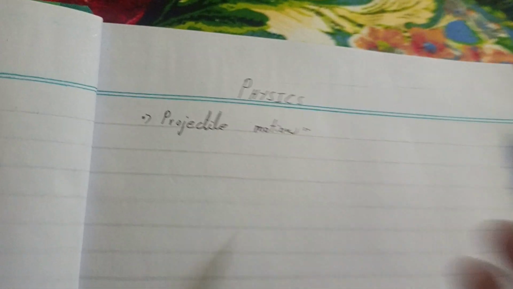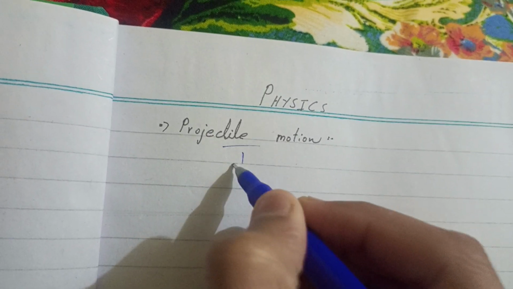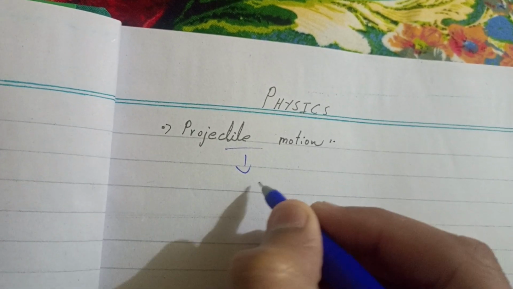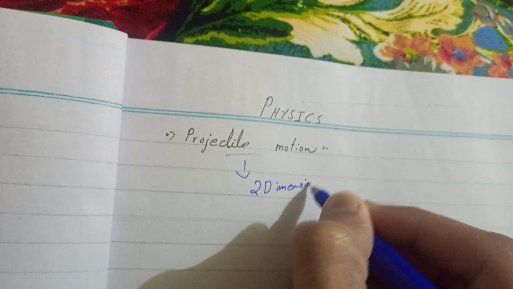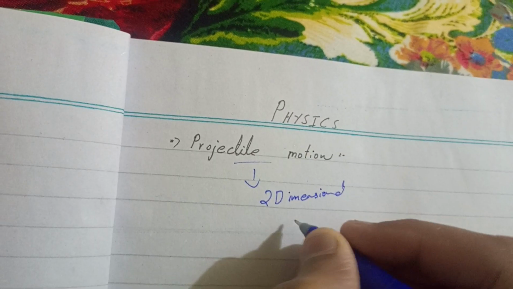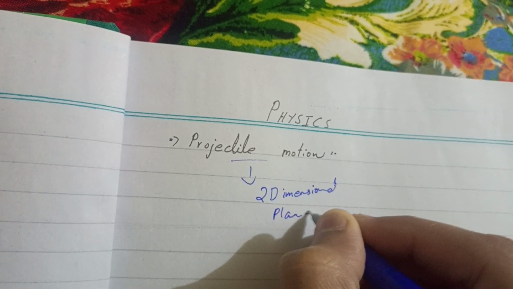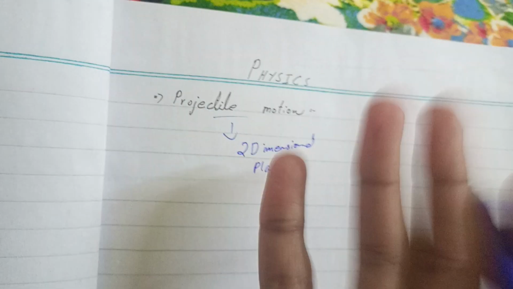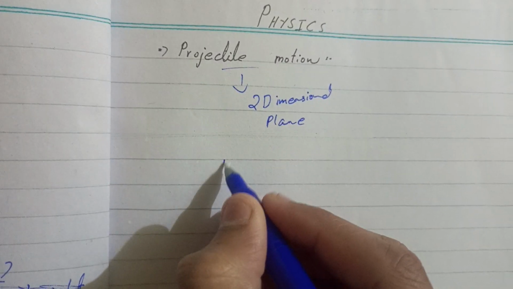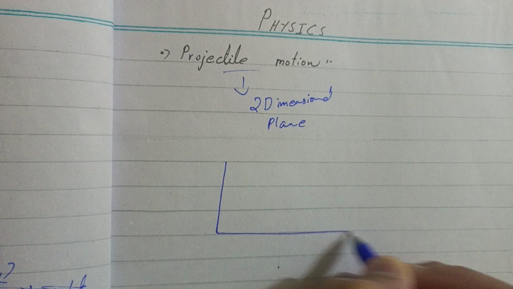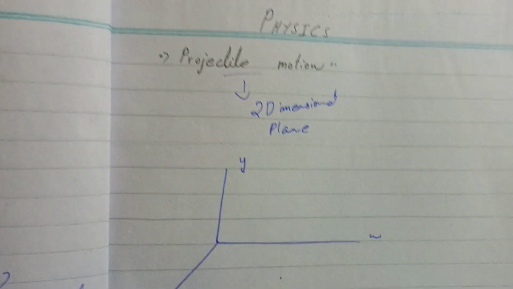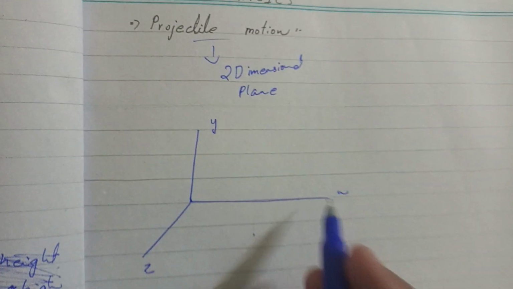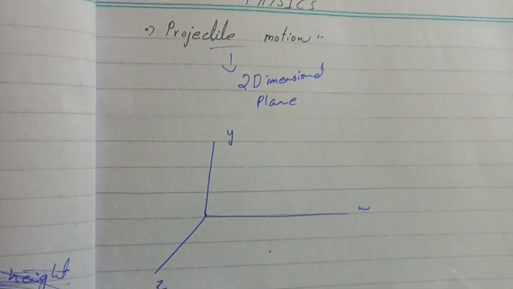The first thing you need to understand is the two dimensional plane. First of all, we need to understand what projectile motion is. For example, this is a plane. If you know the coordinates, you will easily understand: this is x, this is y, this is z.